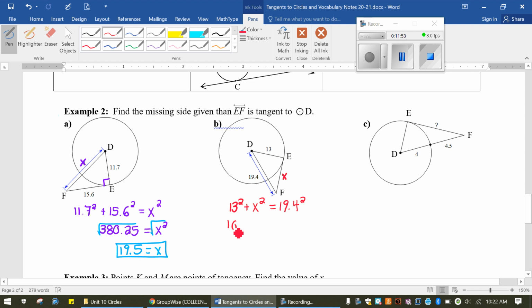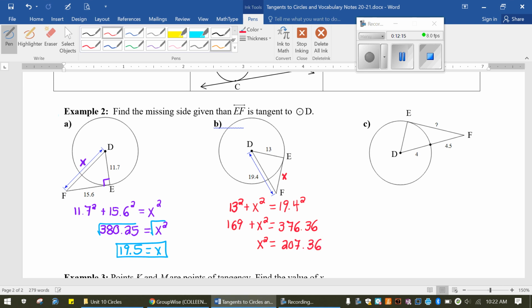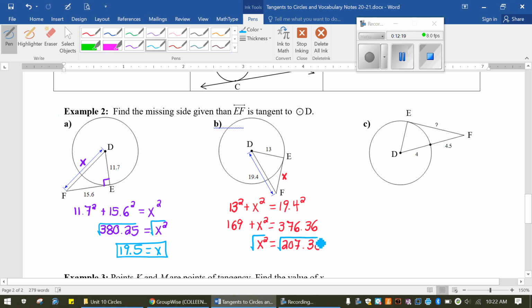So this would be 169 plus x squared is 376.36. And when you subtract 169 from 376.36, you'll get 207.36. And then, just like we did in A, take the square root of both sides. And this time you'll get 14.4.